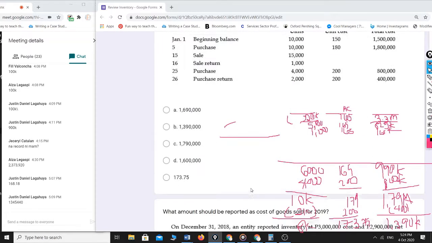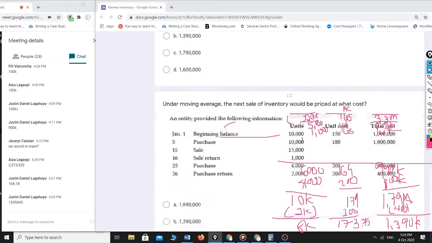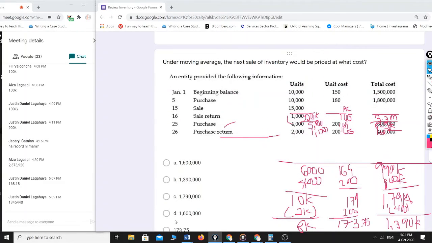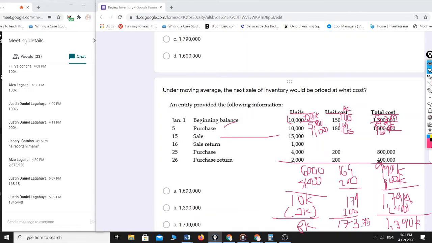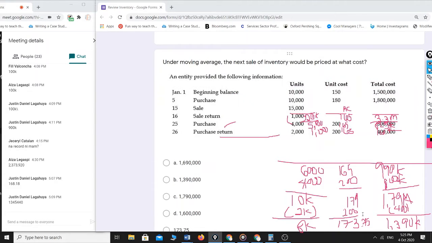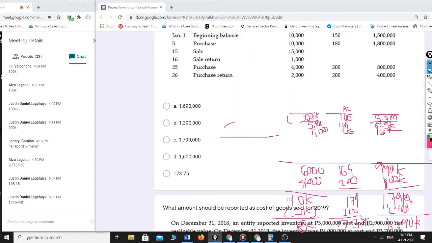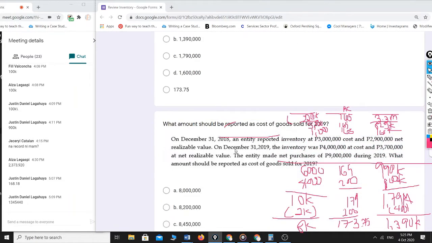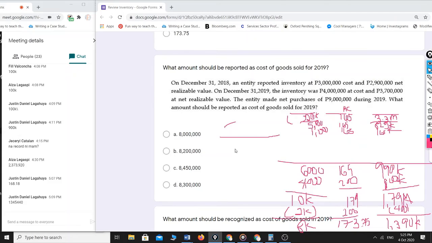I think it's not in the options. So our answer should be 173.75. That is the latest average cost per unit. So our answer for this, again, is 173.75. Okay, next item.